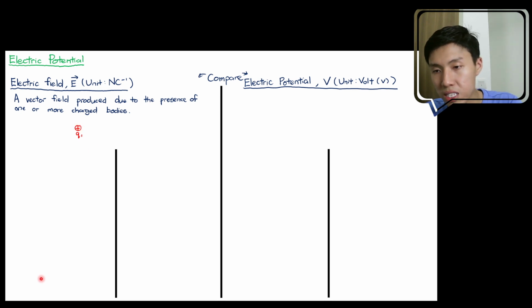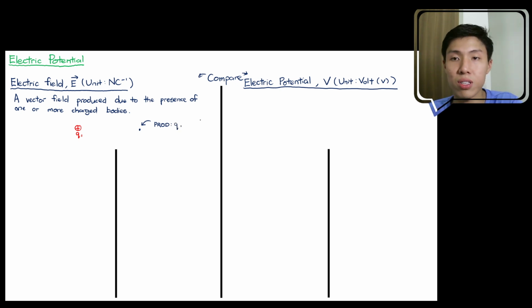So let's say I am interested to know the electric field at this position. At this position here, there will be an electric field produced by Q1. So Q1 is responsible for producing the electric field at this position.